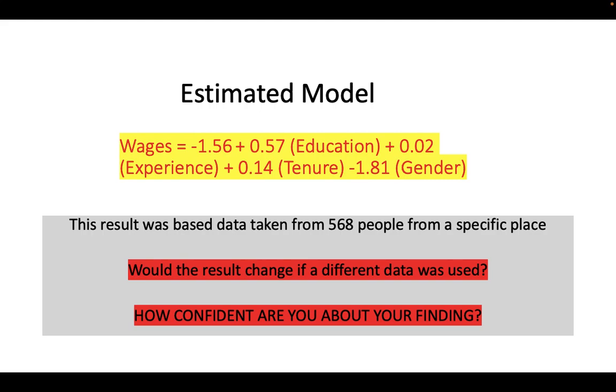You'd probably be thinking that if you gather data from some other sample, you'd probably end up with a different result. So this beta for education might be different. It might be 0.56 if you took a different sample, and then if you took another sample, it might be 0.66.